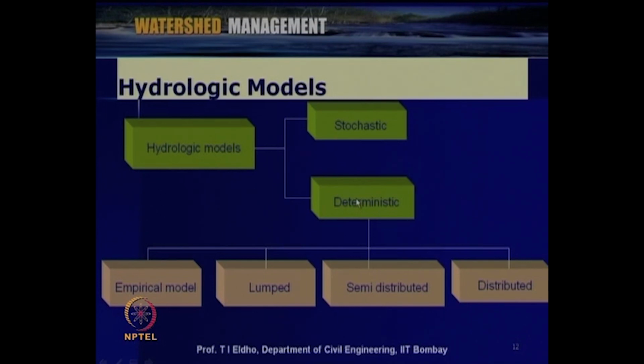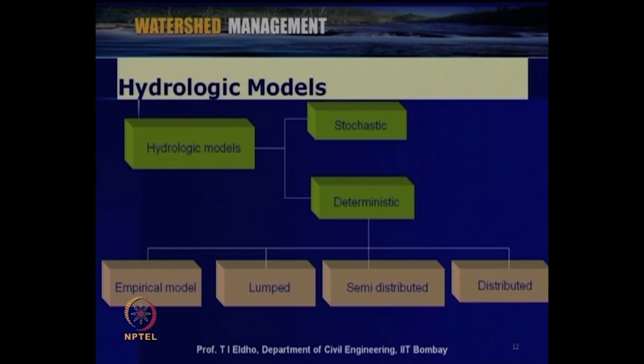The various parameters are assumed known, and then we try to find, for example, rainfall to runoff or various hydrologic processes. In stochastic models, we consider the stochasticity or probabilistic conditions, say, the rainfall is a probable parameter, so its variation is considered with respect to a probabilistic distribution.